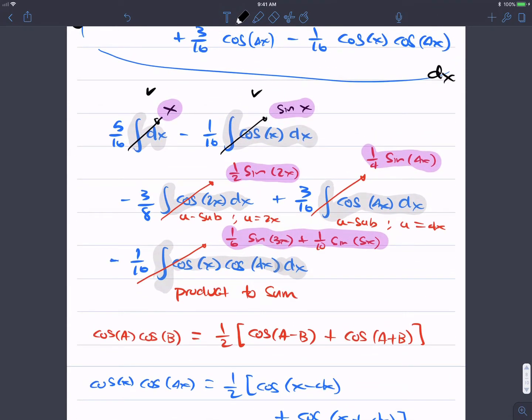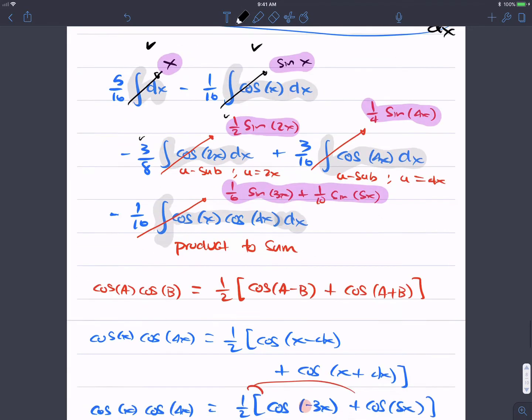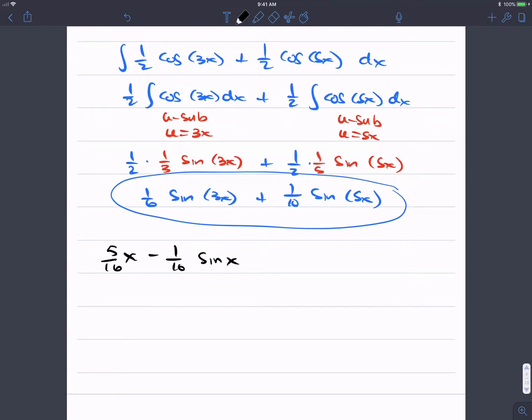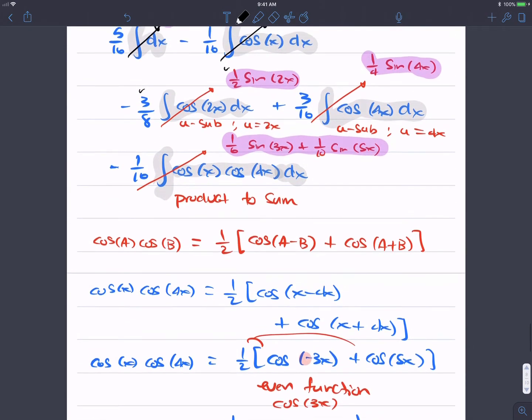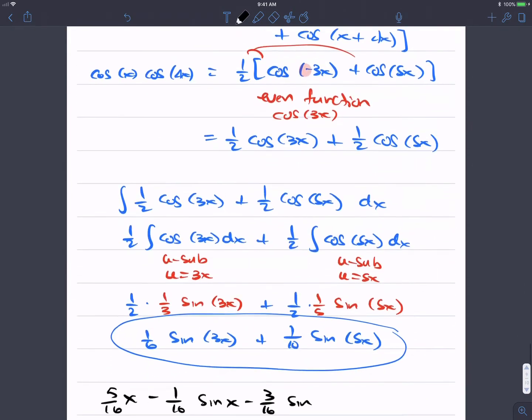Got this answer. Be careful with your constants. You got a 1/2 here, and we got a minus 3/8, so that's minus 3/16 sine of 2x.